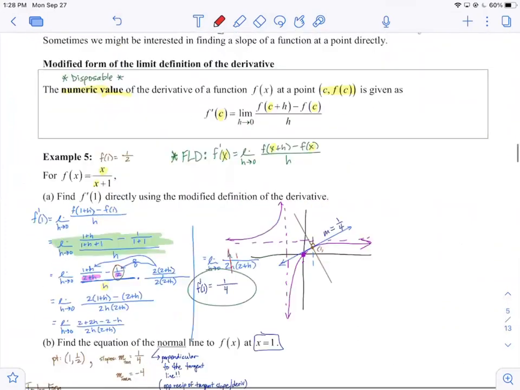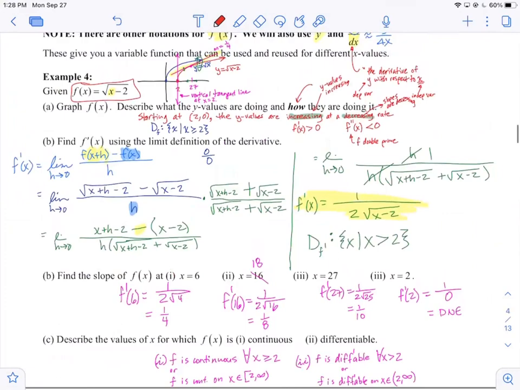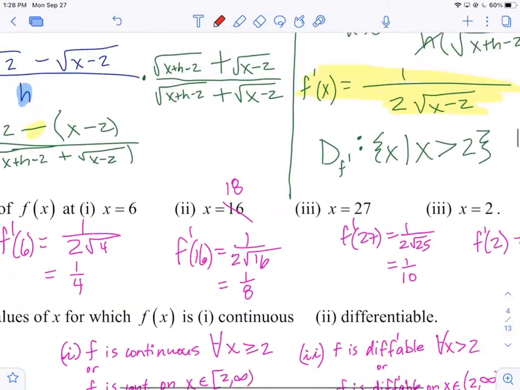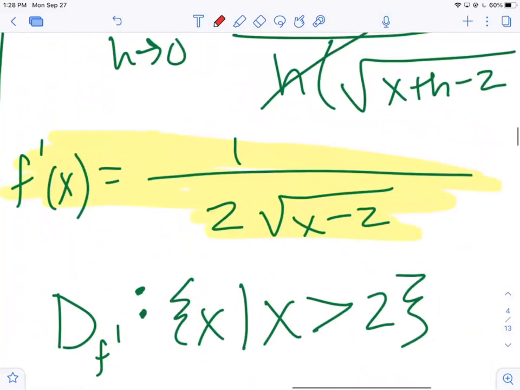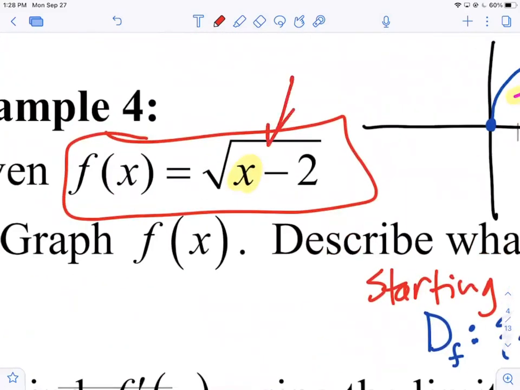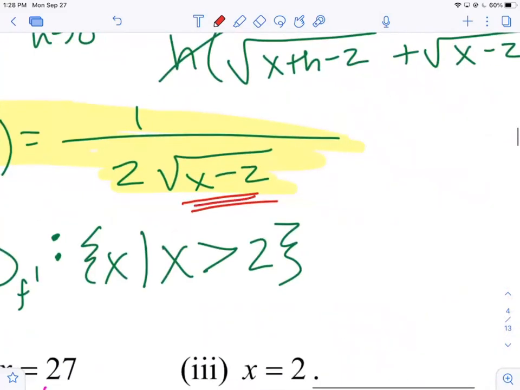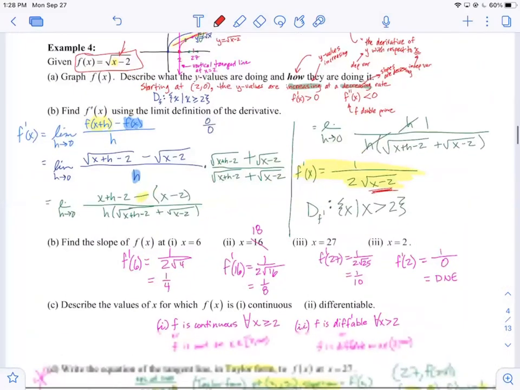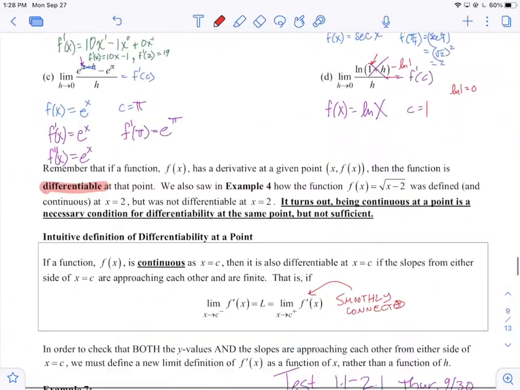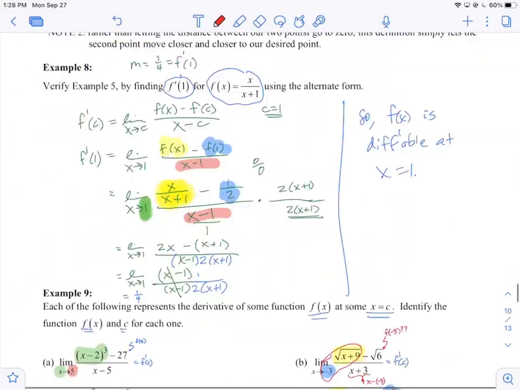When we found the derivative function, which was this right here, we noticed that x could no longer equal 2. 2 is in the domain of the original function, right? 2 minus 2 is 0, the square root of 0 is 0, but it wasn't in the domain of the derivative. So the derivative knows that it's not supposed to be differentiable at the genesis point.